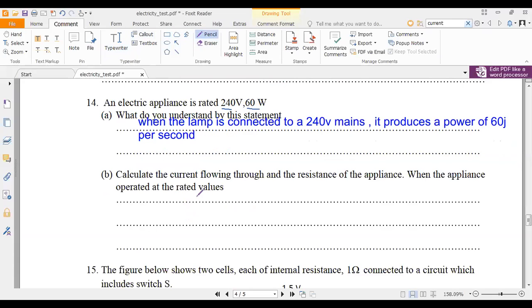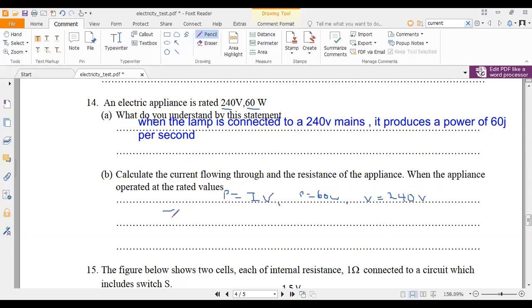Part B says, calculate the current flowing through and the resistance of the appliance when the appliance is operated at the rated values. So of course, to calculate this, we are going to use the formula because power is given by IV, and we are already given power as 60 watts and V as 240 volts.